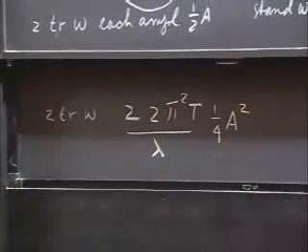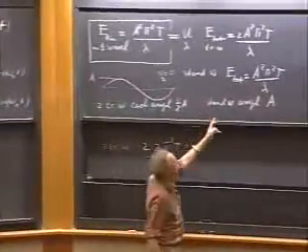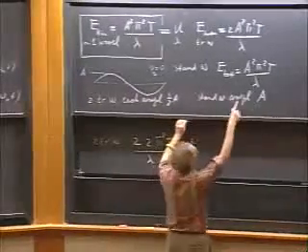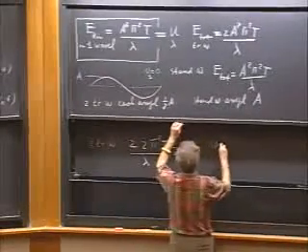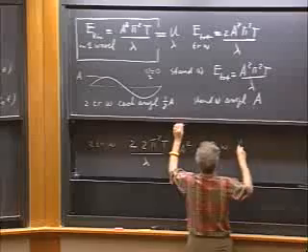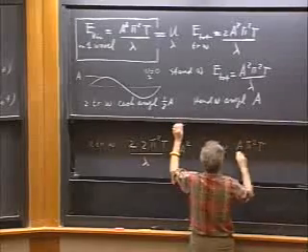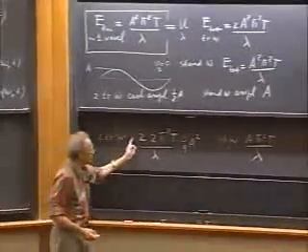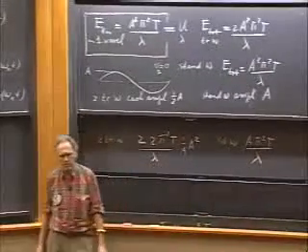Do we agree? What is the energy in one standing wave with an amplitude A? Well, we have the answer here. In a standing wave, all the energy must be A pi squared T divided by lambda. Look at it. They are the same. This 2 and this 2 and this 4 eat each other up.